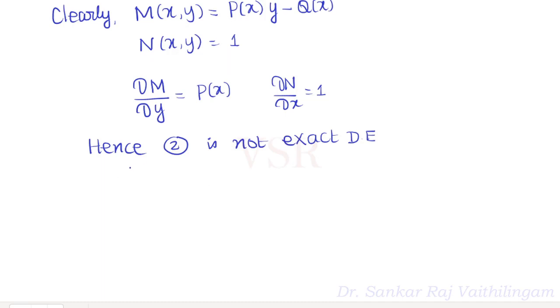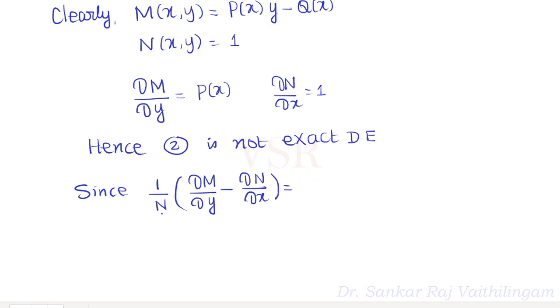So since 1 by N times dou M by dou y minus dou N by dou x is equal to 1 times p of x, it is a function of x alone.